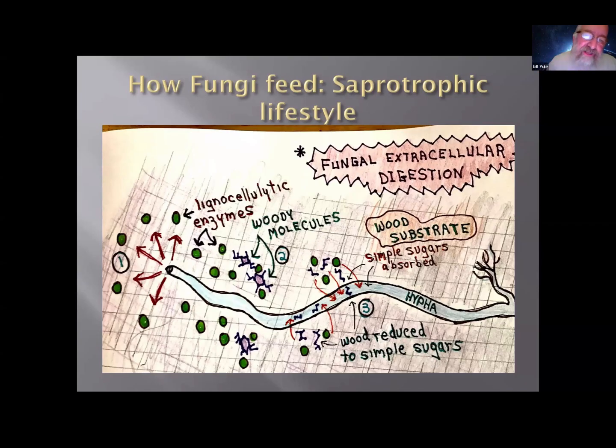And the fancy name is a lignocellulitic enzyme. That's not important. It's a magic chemical. And what the enzymes do is they attach to woody molecules, in this case, where the cursor is now, a molecule of cellulose. And cellulose is a chain of simple sugars.